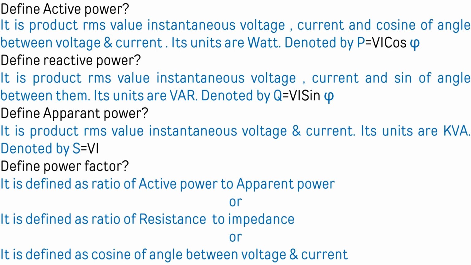Its unit is kVA, kilovolt ampere, denoted by S equals VI. Define power factor. It is the ratio of active power to apparent power, or the ratio of resistance to impedance, R by Z, or the cosine of the angle between voltage and current.